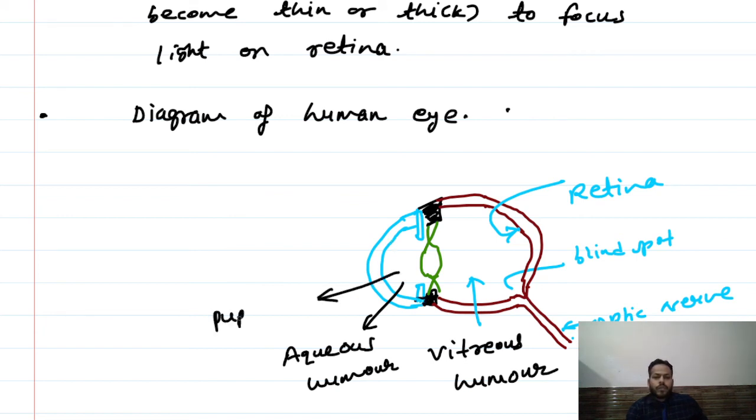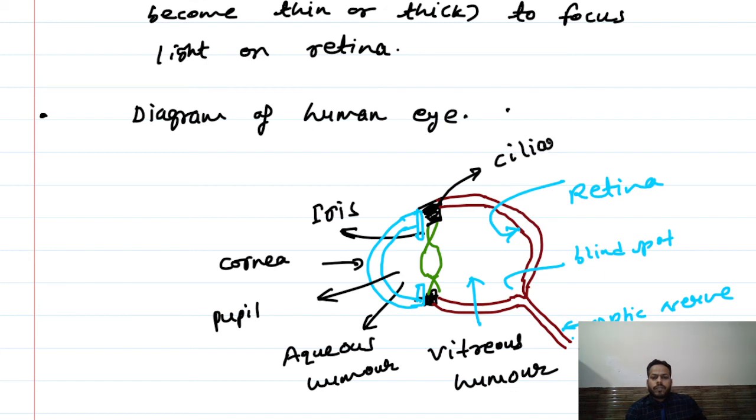This is pupil, and this is cornea. This is cornea front part, and this ring like structure is called as iris. This is called iris. And this is called ciliary muscles. This black color is called ciliary muscles. And this one is eye lens only.